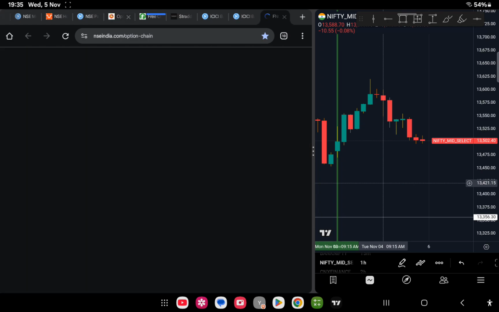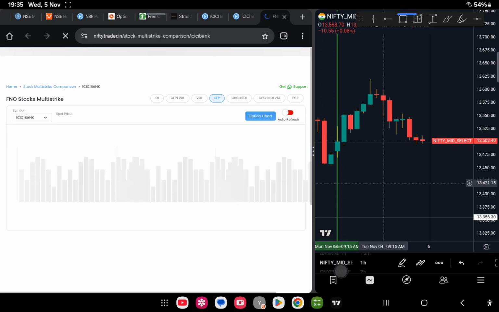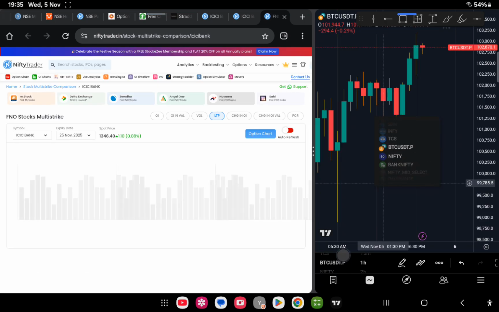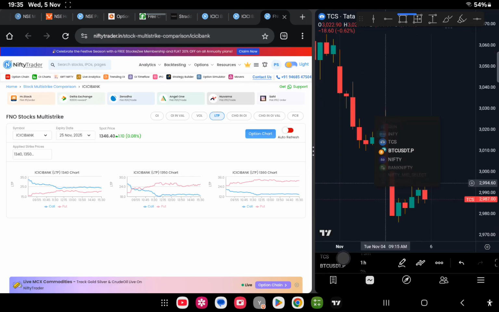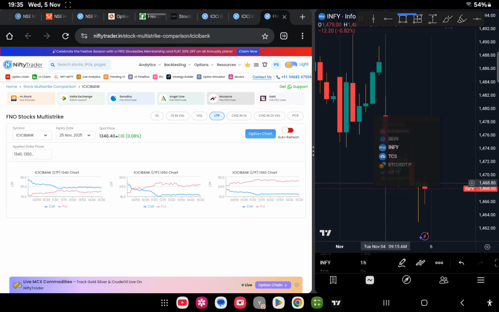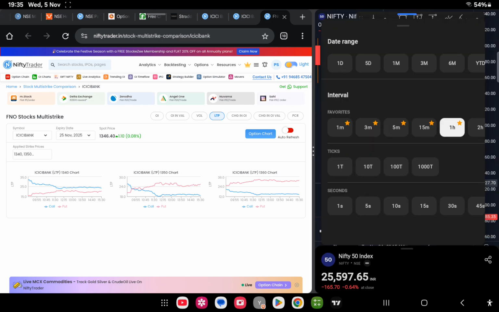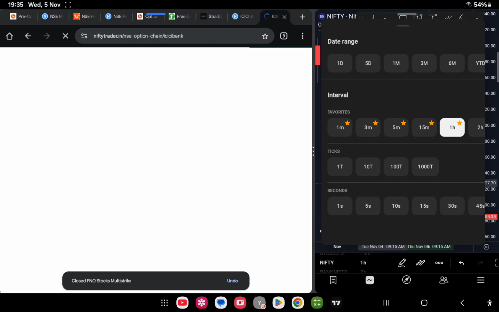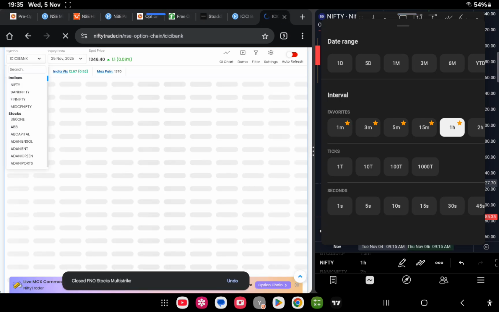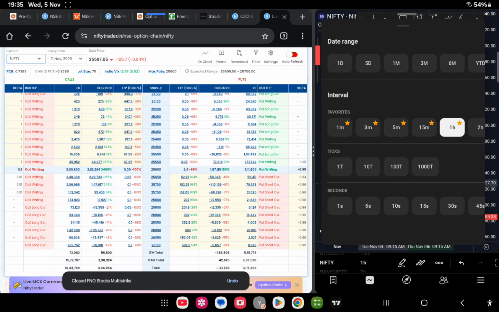I'll move on to the OI part and we'll try to analyze the straddle part. So let's take Nifty. The first index we are going to check is Nifty, and the OI you could see is 15 versus 6, so clearly resistance is more.